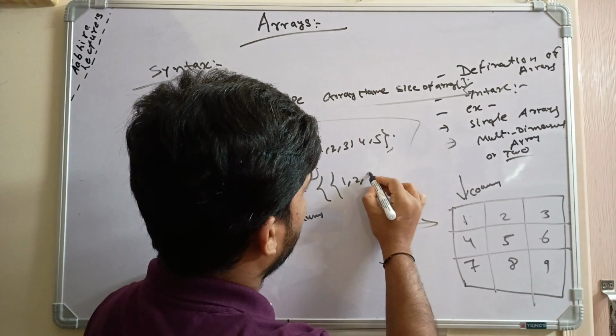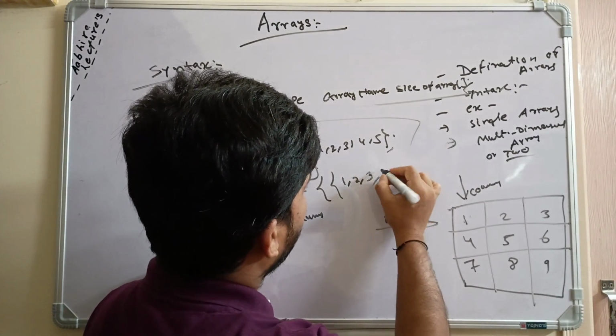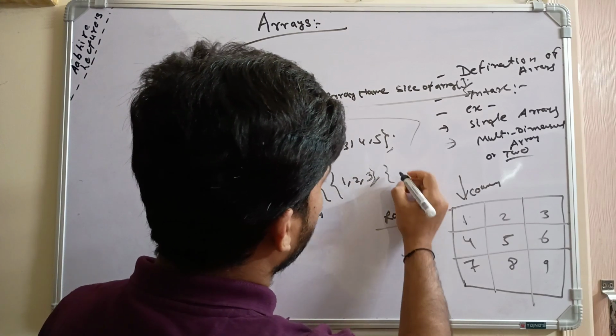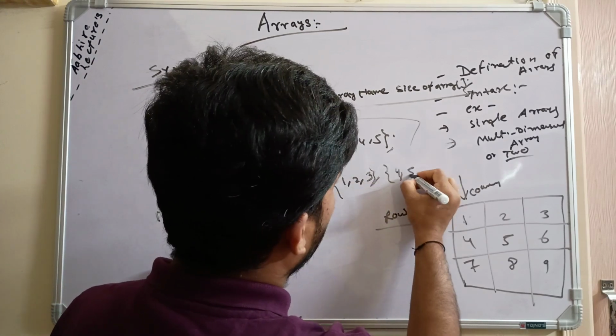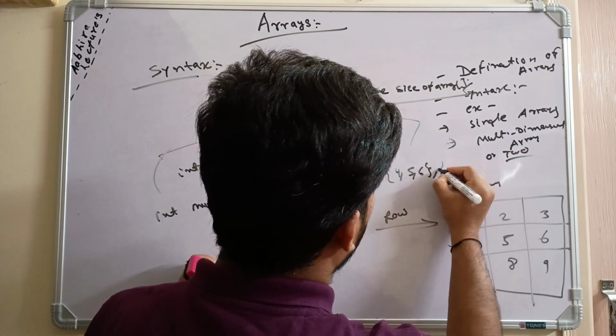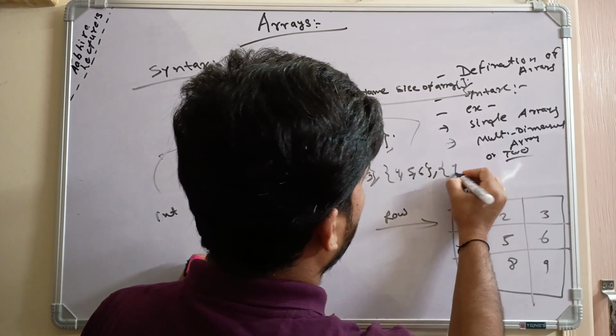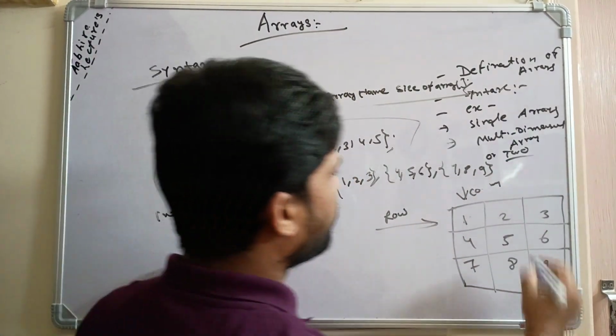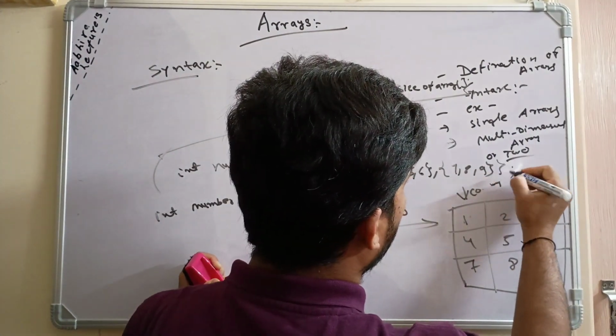So 1 2 3, 4 5 6, then 7 8 9, close the bracket.